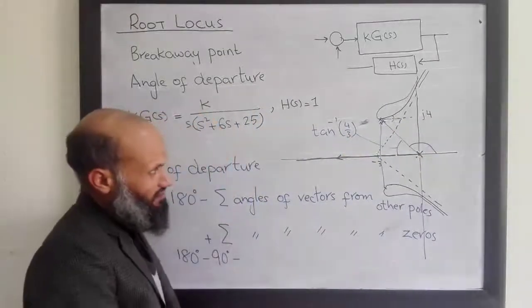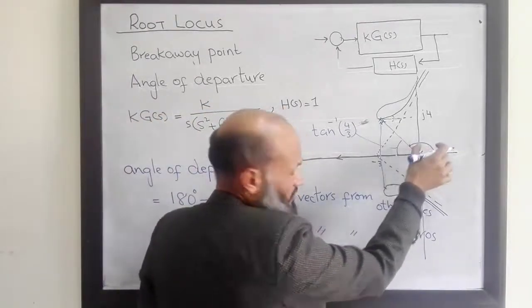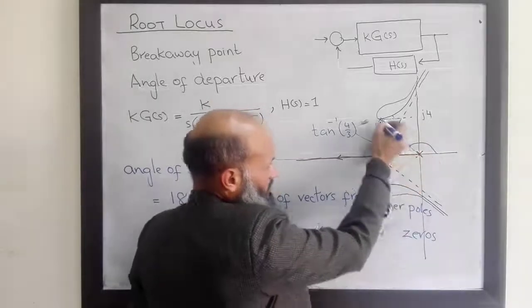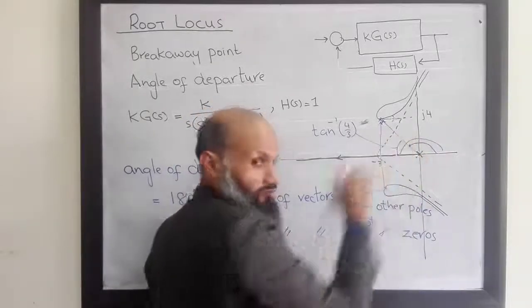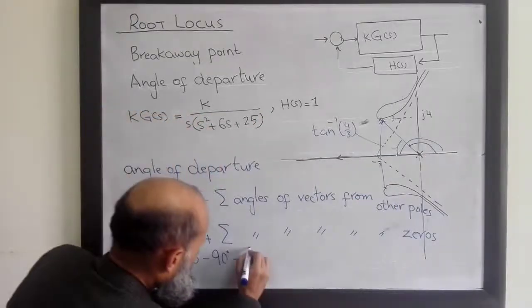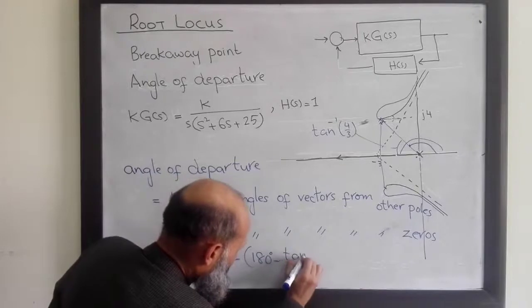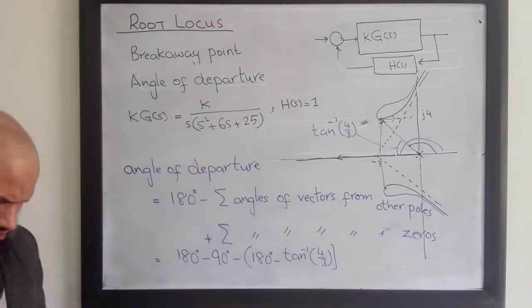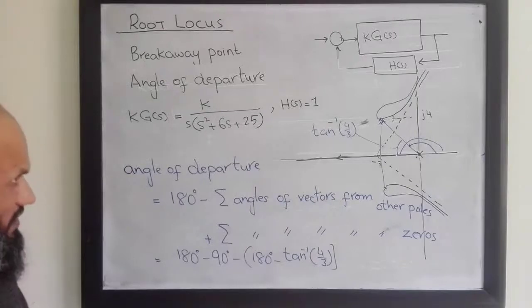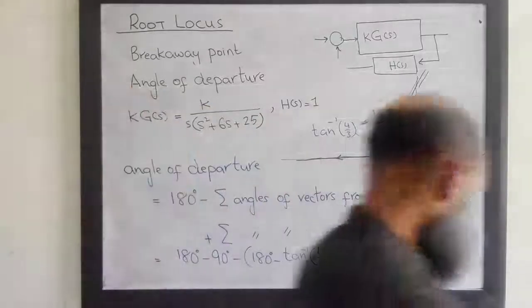So what is this angle from here to here? Angle of this vector is equal to 180 degrees minus this angle, so 180 degrees minus tangent inverse of 4 by 3. So we can compute this angle, let me calculate it with my calculator.